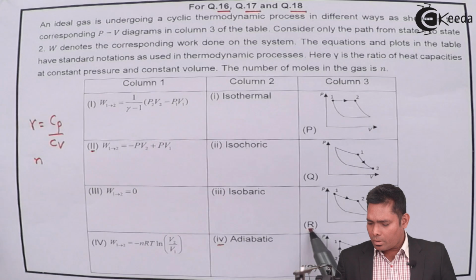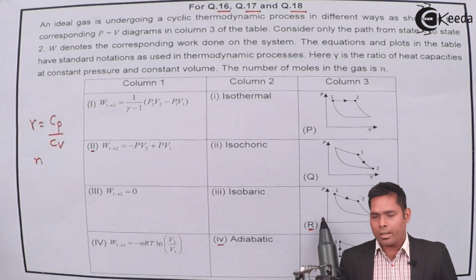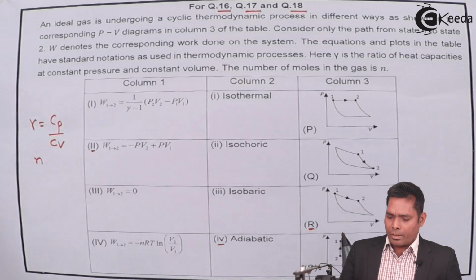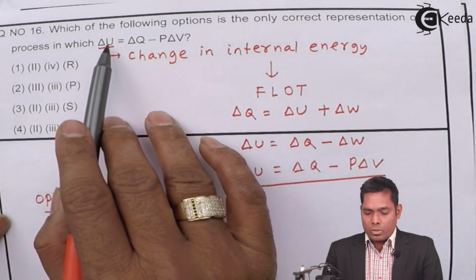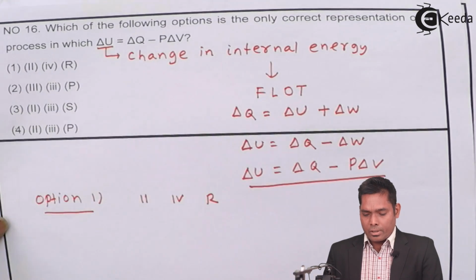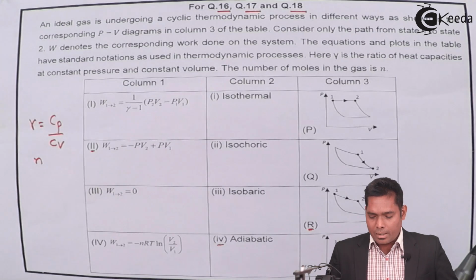So this combination is given in the first option, 2, 4 and R. We will see whether this option is correct or not. We have to find the change in internal energy. So the change in internal energy is delta Q minus P delta V.